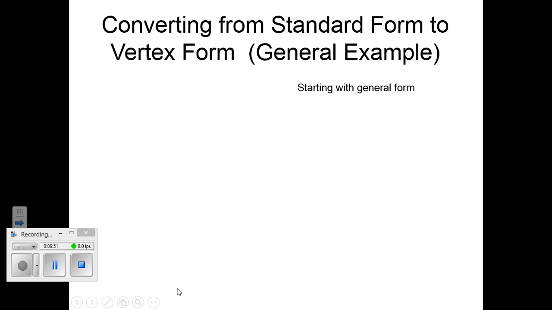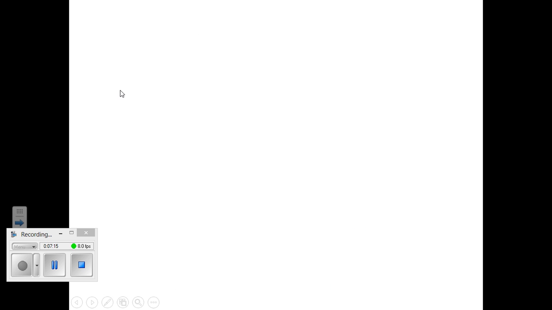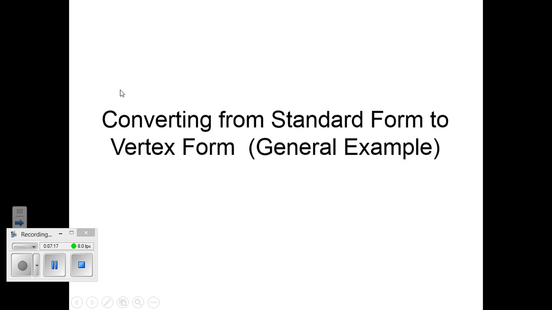So here's our original problem. a is negative 1/2, b is 4, c is negative 3. So we're saying the x-coordinate of the vertex is negative b over 2a.